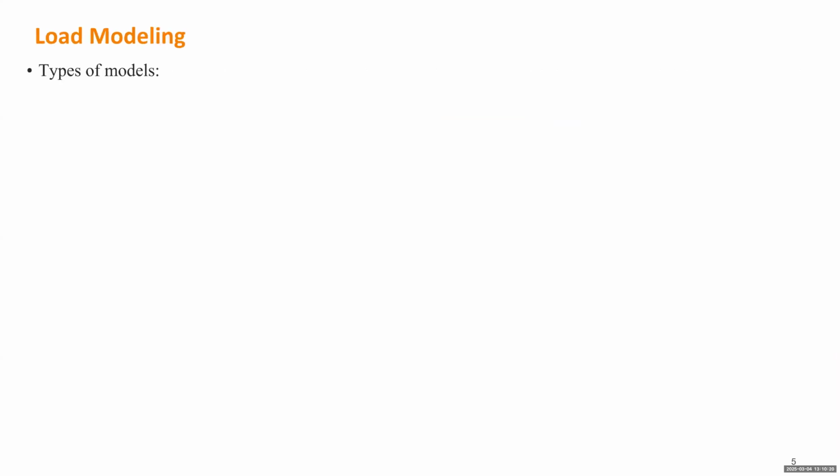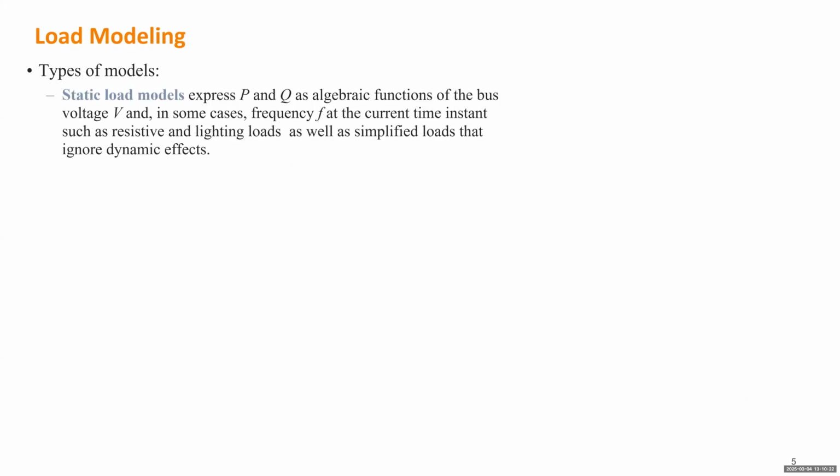So there are two types of load models. The first type is the static load model. Static load model means you don't need to consider any dynamic of the load. The load basically just gives you a complex number, with the real part being the active power and the imaginary part being the reactive power.